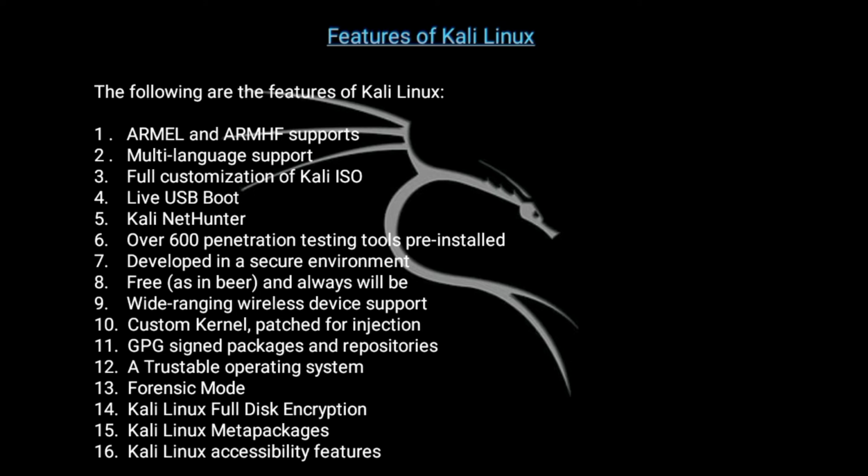ARMEL and ARMHF support, multi-language support, full customization of Kali ISO, live USB boot, Kali NetHunter, over 600 penetration testing tools pre-installed, developed in a secure environment, free and always will be, wide-ranging wireless device support, custom kernel patched for injection, GPG signed packages and repositories, a trustable operating system, forensic mode, Kali Linux full disk encryption, Kali Linux meta packages, Kali Linux accessibility features.